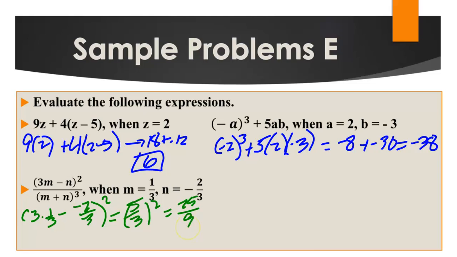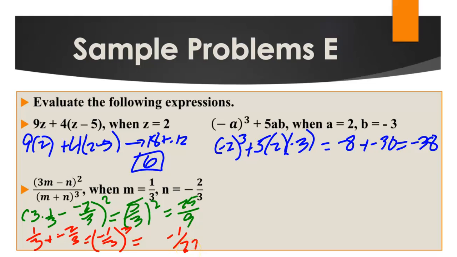And on the bottom, I have 1/3 plus a negative 2/3, which is going to give us a negative 1/3. And then I have to cube that, which is going to give us a negative 1/27.